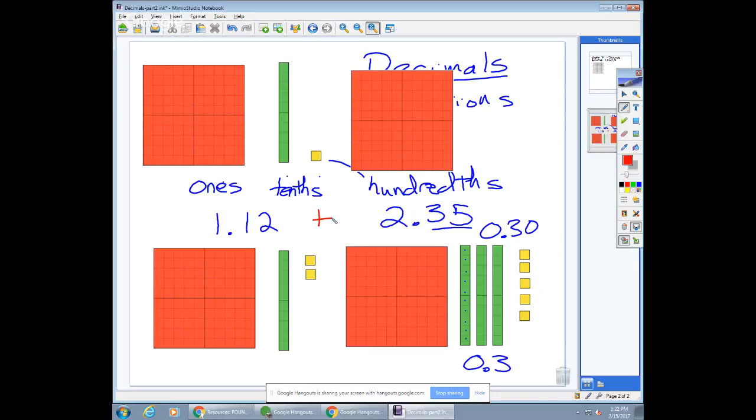So what does addition mean? Put together or combine, and what's the catch at the end? Count. Yeah, you got to count them up too, okay? So combine and count. So just a little note down here, add means combine and count.